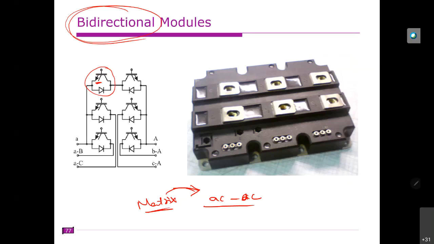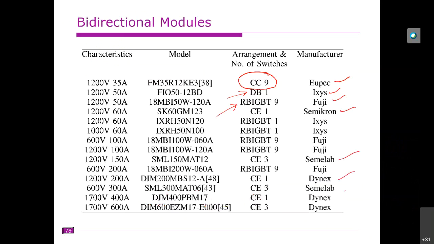The reverse blocking IGBT can block the voltage in both directions and allow the current to be conducted in both directions. This is the common emitter configuration, especially used in the matrix converter. If you notice, most of them use common emitter except this first one.